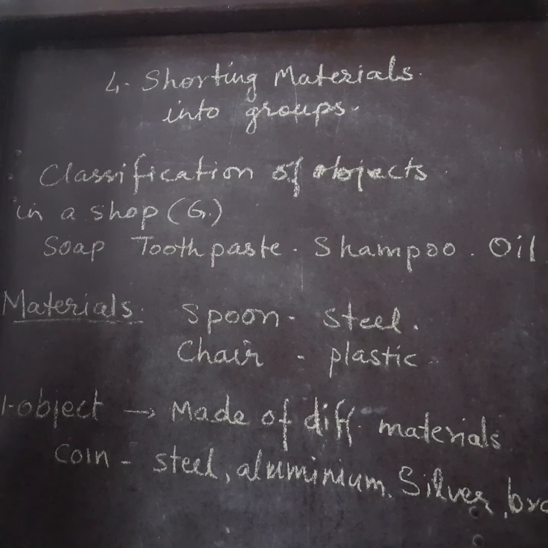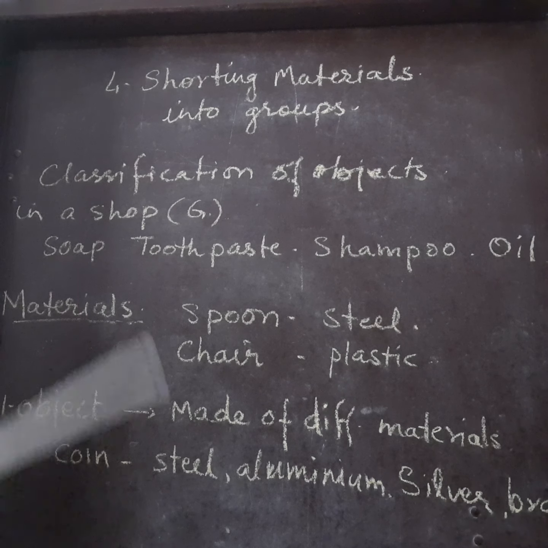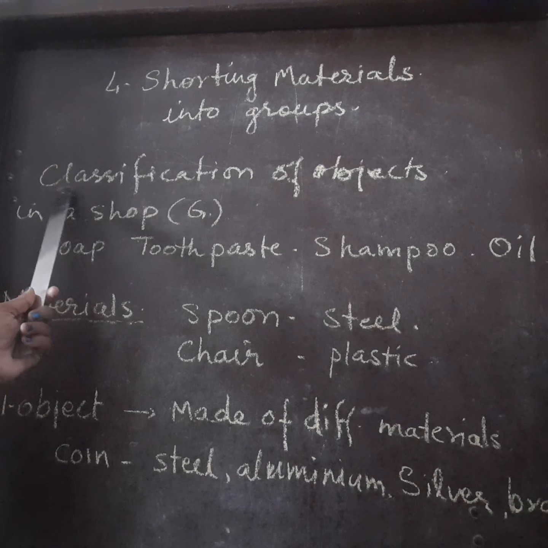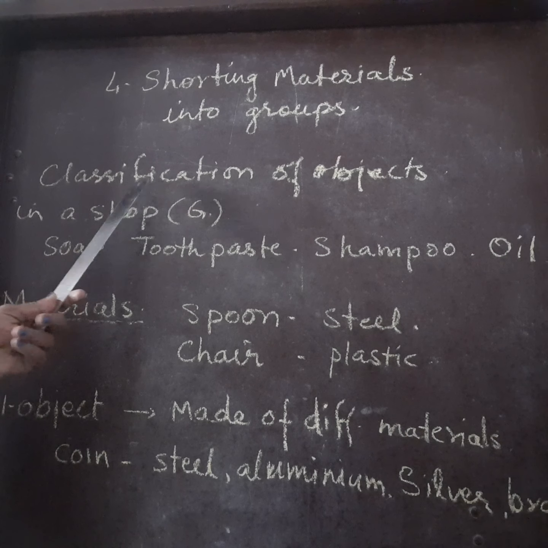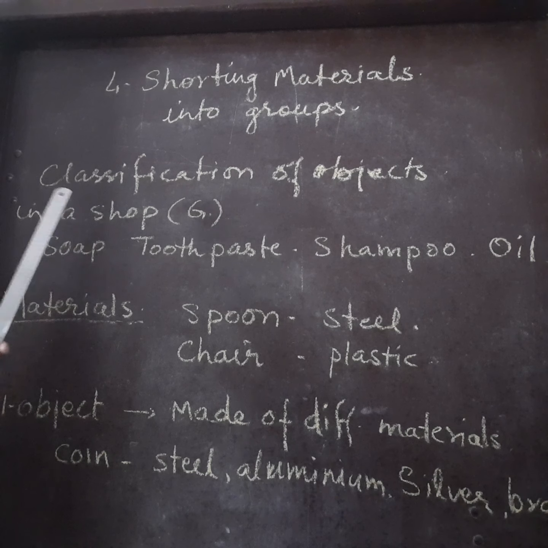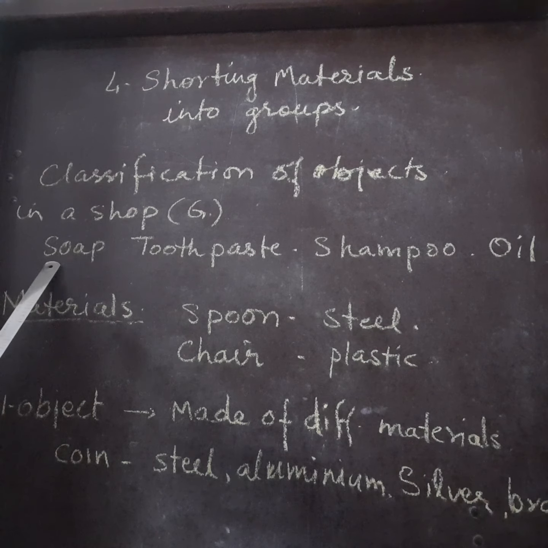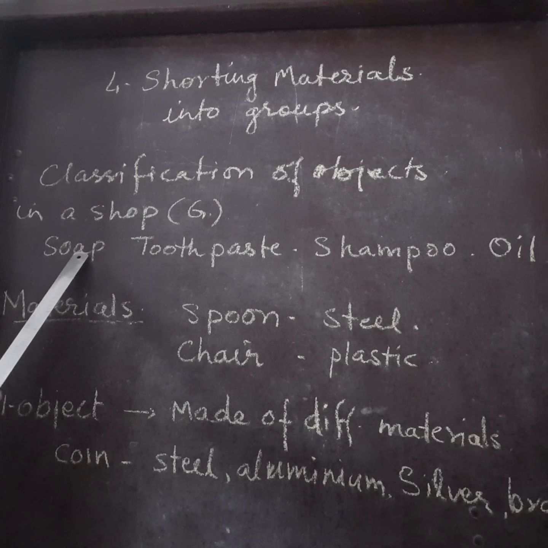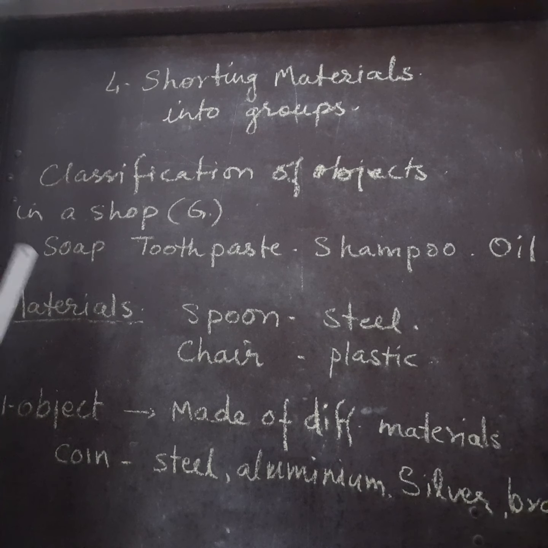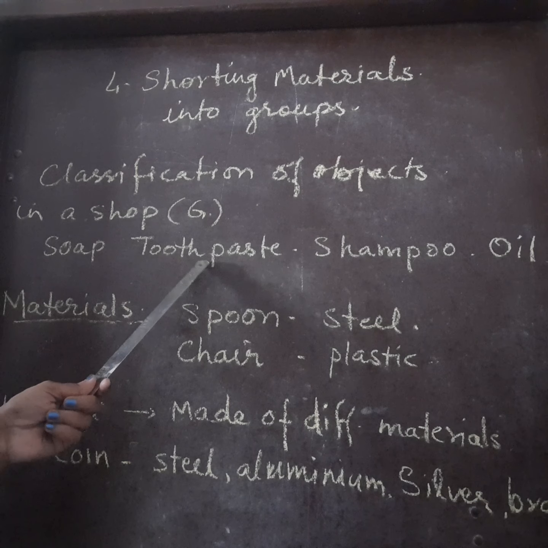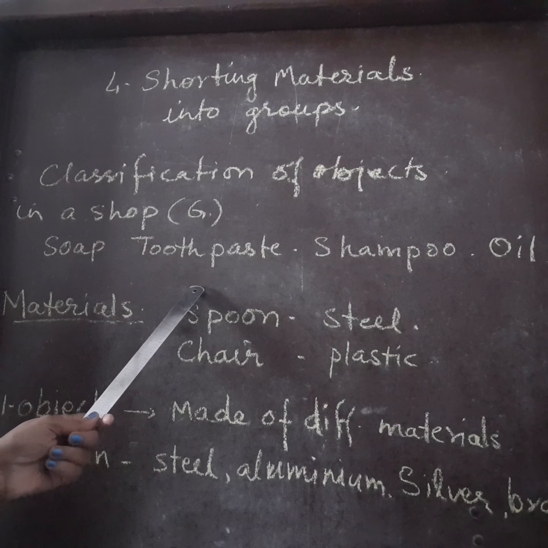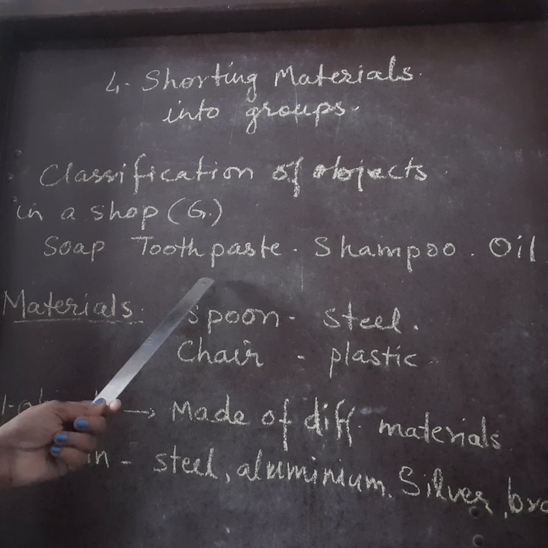Now we come to classification of objects. How do we classify? When you go to some grocery shop or any shop, there you might be seeing different columns where soaps are arranged. Different types of soaps are arranged in one column. Another column may be having the different types of toothpaste arranged properly.